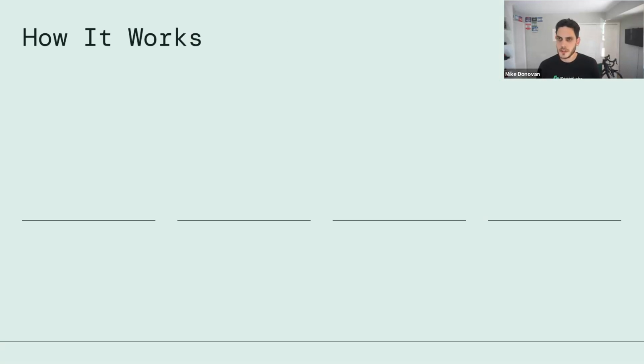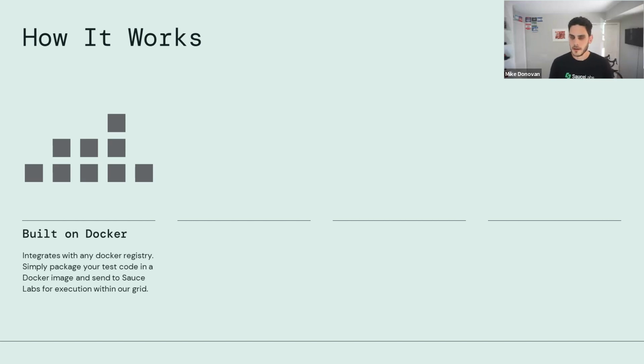I'll go into a little more detail about how it works. It's built on Docker. So we're utilizing a fairly ubiquitous technology that has made its way across development teams all over the world.